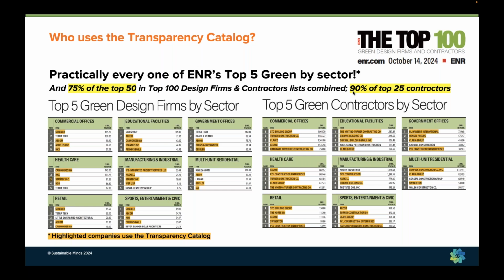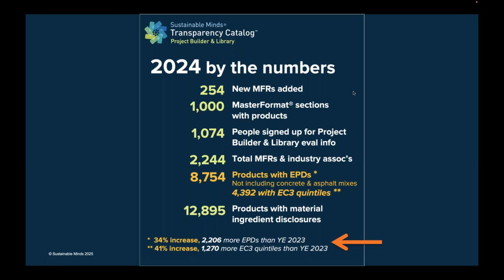but that making it easy to use and accessible by many different kinds of people in these firms confirms that we've made the data understandable and useful and easy to use. So this was the aha moment. At the end of the year, we always publish stats about what happened in 2024. And so, we added new manufacturers to the catalog.